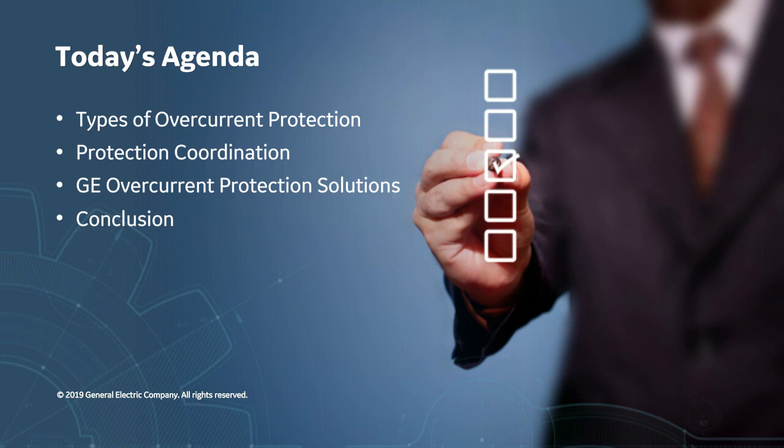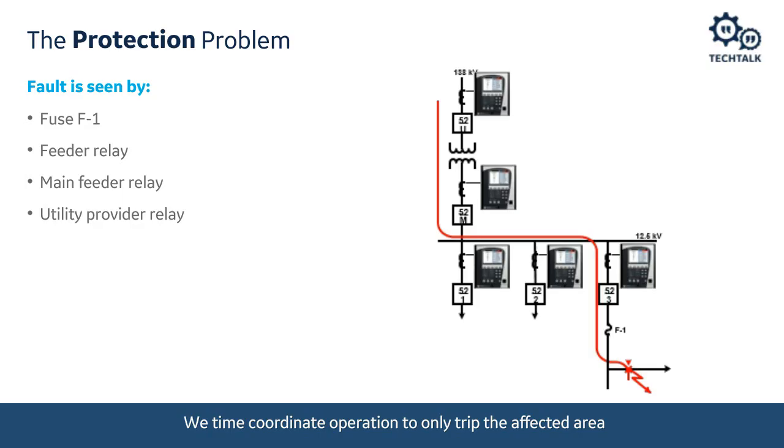Before we jump into that, though, when we typically have a distribution system, we have a protection problem. If we look at this distribution system here, you can see the protection problem. We have multiple devices that would see the fault that I show on this tap off of this feeder on the third circuit breaker, 52.3.